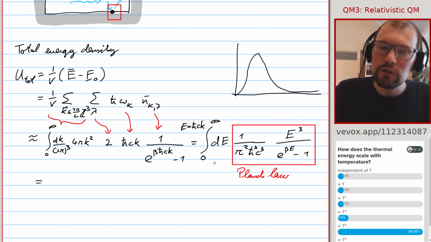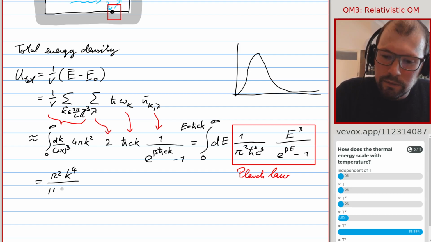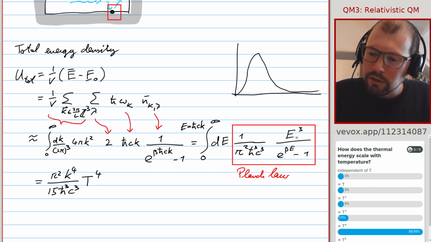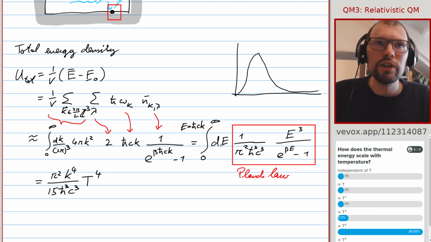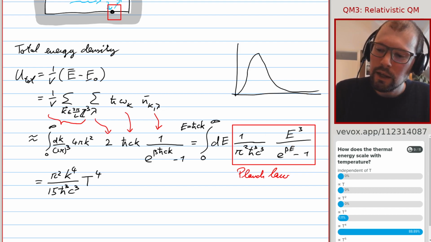Or we can also compute the total energy by actually doing this integral. And what is the answer? Now in terms of the temperature, since we have an E cubed here, and E is also the integration variable, it scales with E to the fourth, and E is of order the temperature.